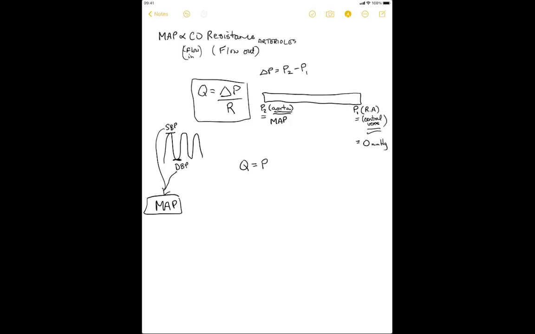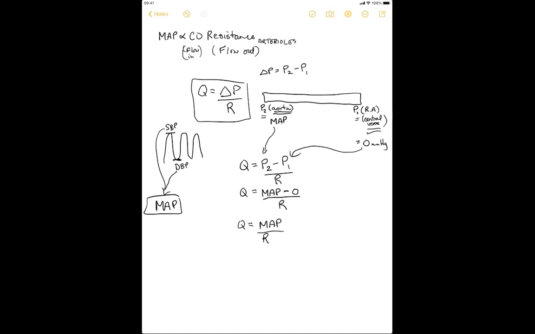delta P is, so Q, which is flow, equals P2 minus P1 divided by R, which is resistance. So now we can sub in these values in here, and we will have Q equals mean arterial pressure minus 0 divided by R. And so that 0 just goes away, and we have Q equals mean arterial pressure divided by resistance.